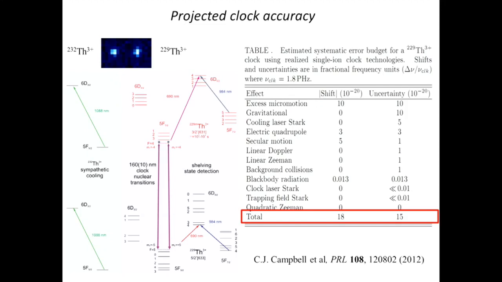So the clock would consist of one ion of thorium-232 and one ion of thorium-229 trapped together, and the 232 ion would be used for sympathetically cooling 229, while the clock protocol is run on thorium-229. Because of the relative isotope shifts of the optical lines in these two ions, one can run cooling continuously on the 232 ion, while the 229 would be serving as a clock.